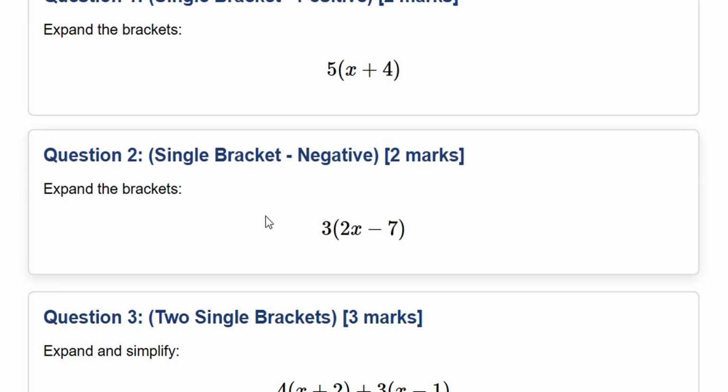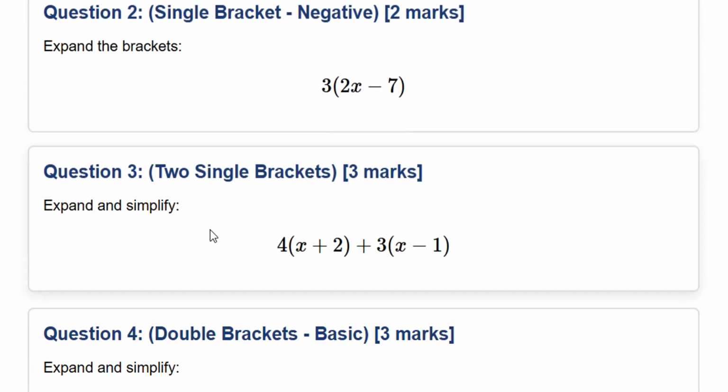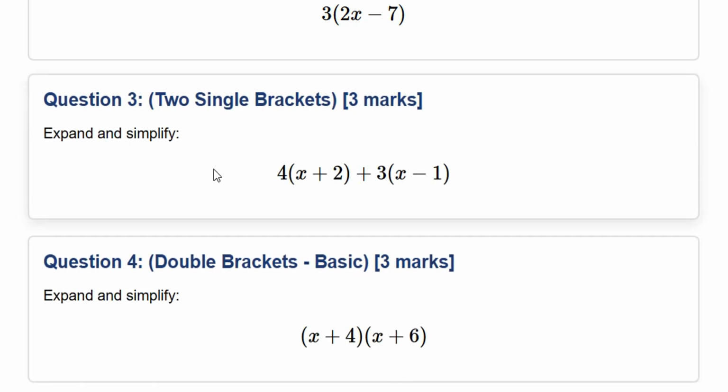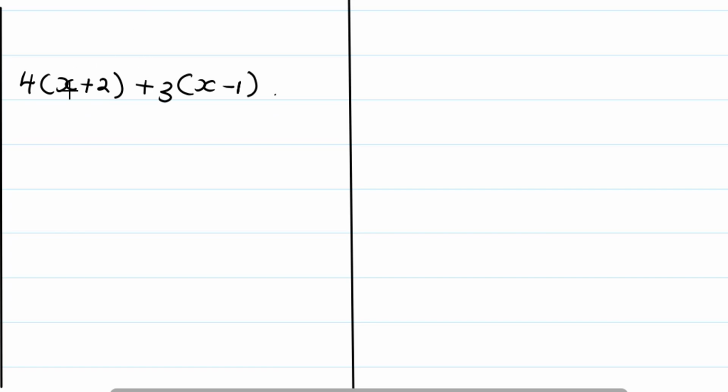Now that we know the basics, can we try to expand brackets in a more complex question? This question 3, where you are told to expand and simplify 4 into x plus 2 plus 3 into x minus 1. So this is a combination of what we have done in the first and second questions.